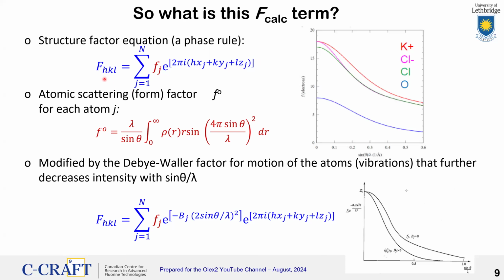And it's important that we work with the structure factor because it is a phase rule. So it's a summation over every one of the atoms j at its position xj, yj, and zj in the unit cell lattice, multiplied by this 2 pi i, which makes it a phase characteristic.